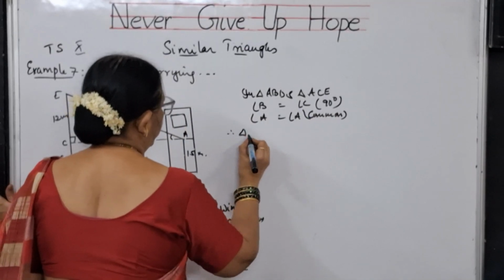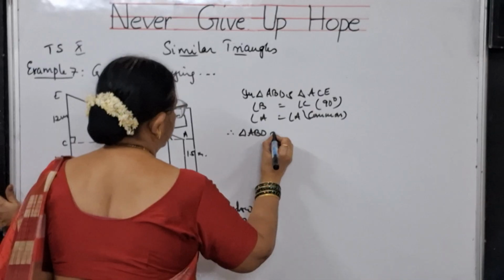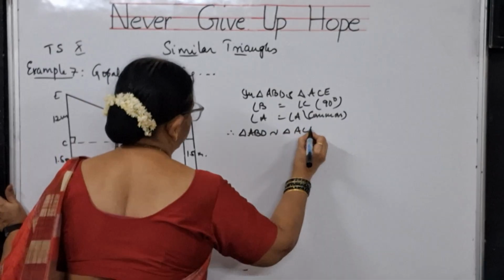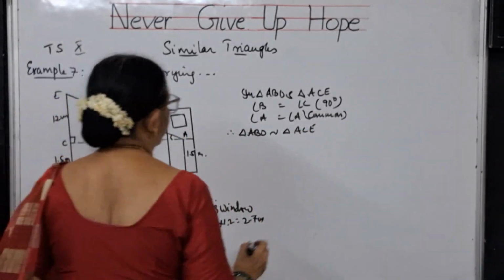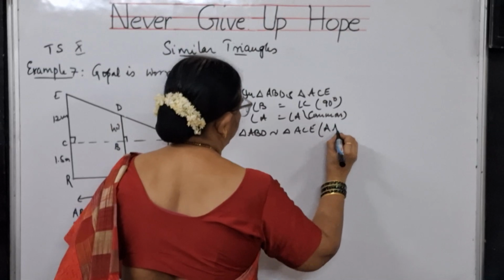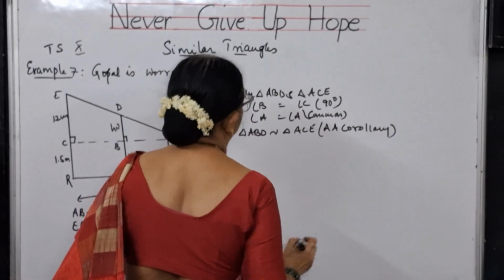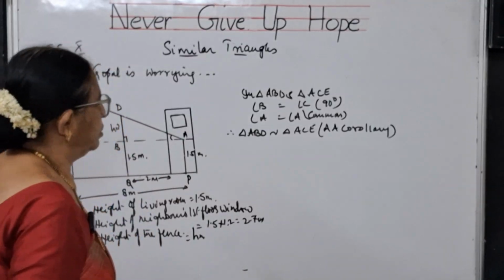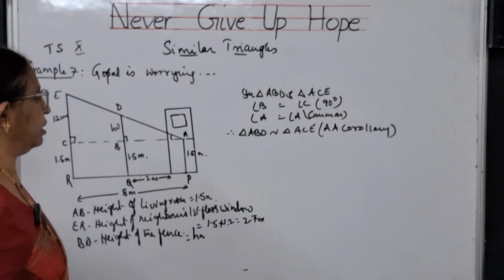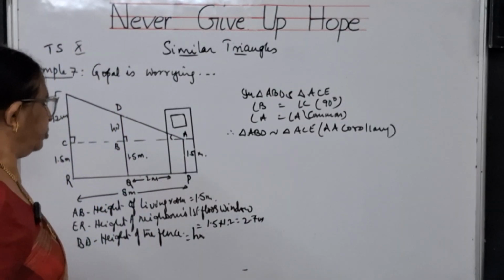Therefore, triangle ABD is similar to triangle ACE basing on the angle corollary. When two triangles are similar, their corresponding sides are proportional.